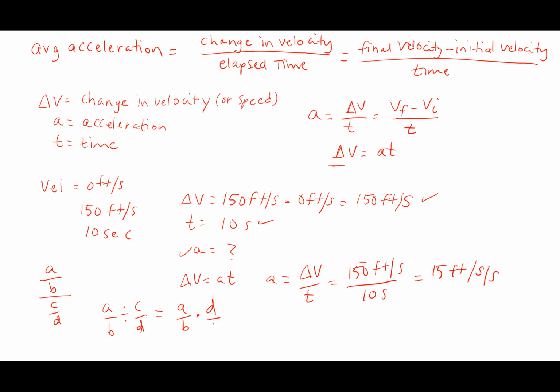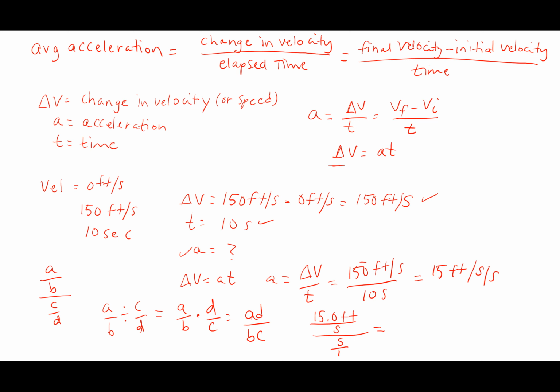So that's going to equal AD over BC. Okay? So when you do all that, then it's going to look like this. 15 feet per second divided by a second over 1, because that doesn't change anything when you put it over 1. So that way you can solve it.